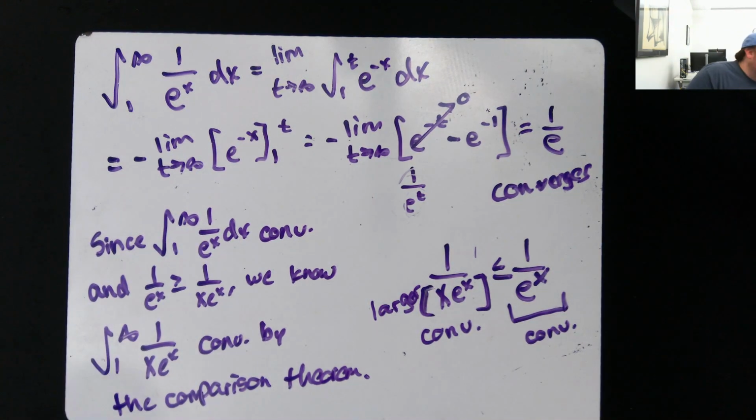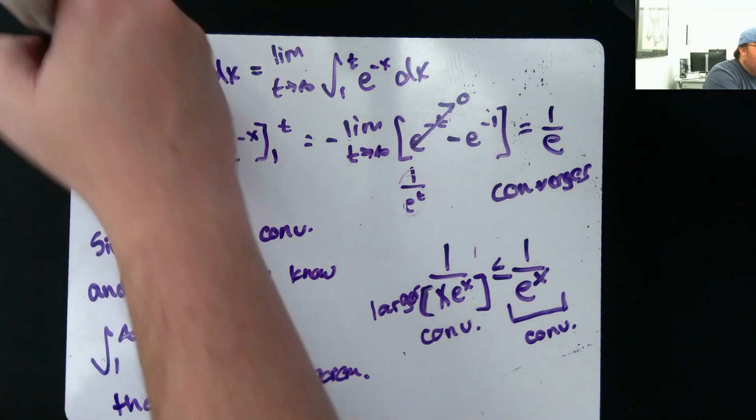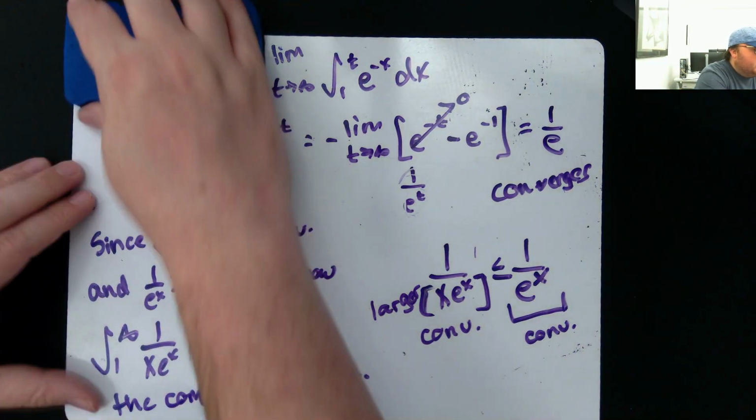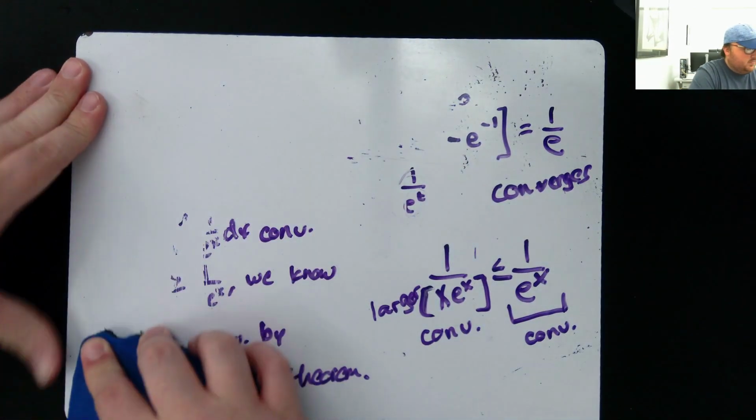That's what I can say here. That was example number 8. Let's move on to example number 9 and see if we can figure that one out using the same thought.